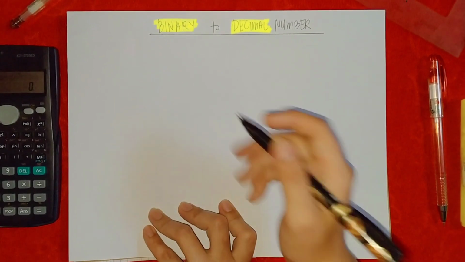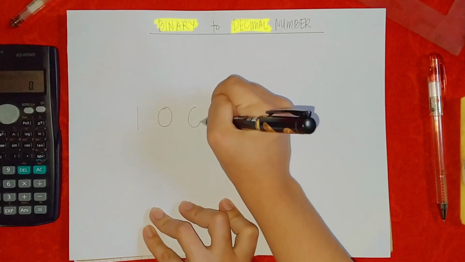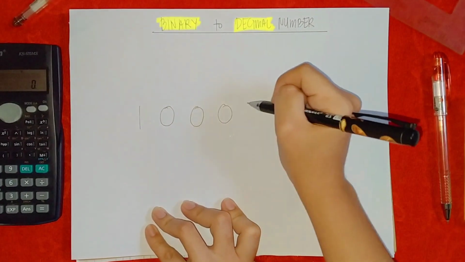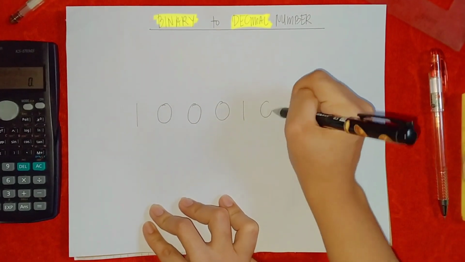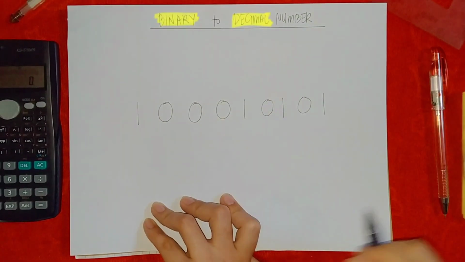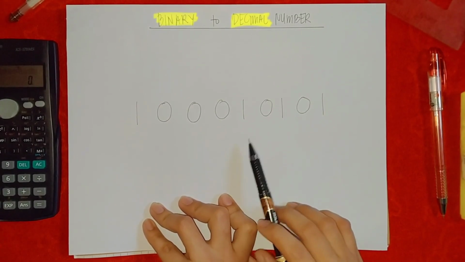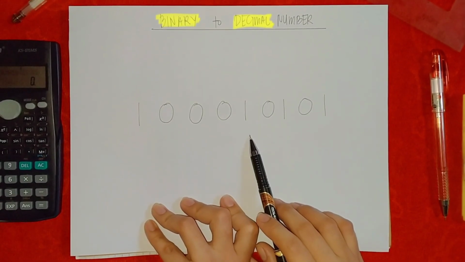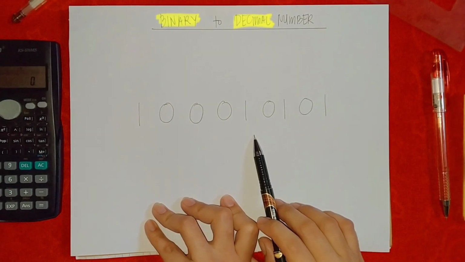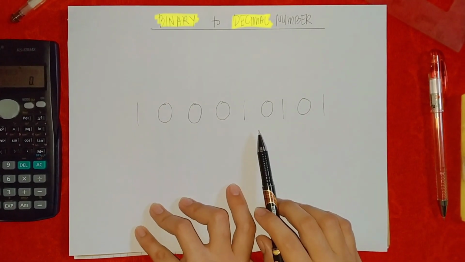The binary number is 1, 0, 0, 0, 1, 0, 1, 0, 1. Our goal for this example is to get the decimal number, which is 277. So same procedure again, same steps.